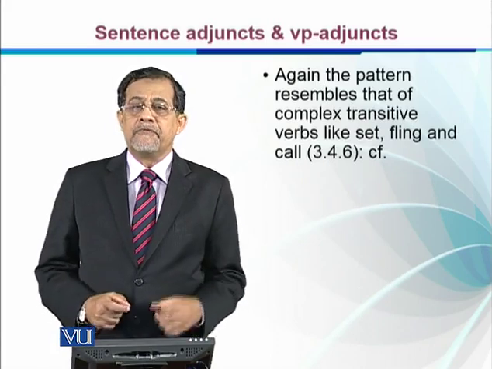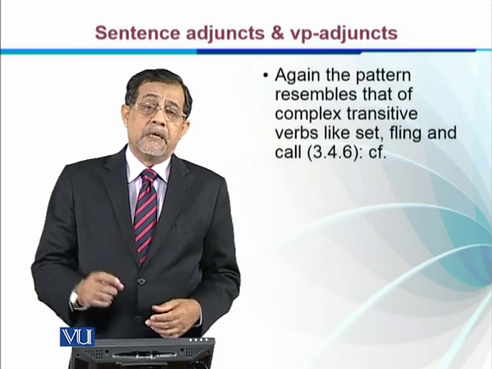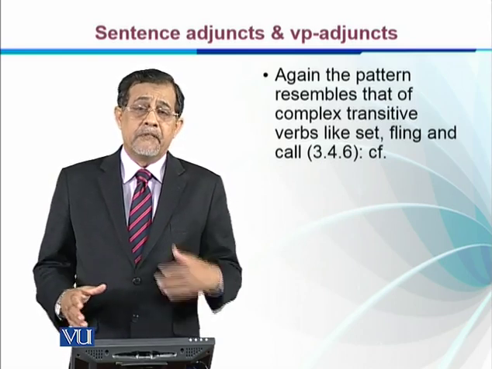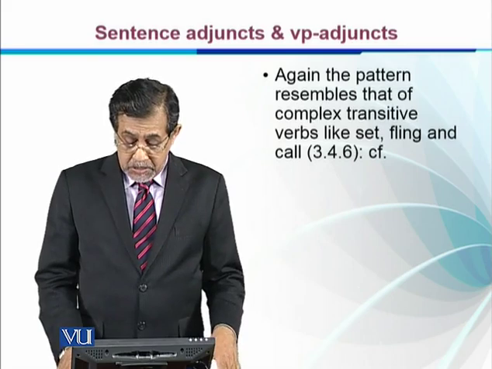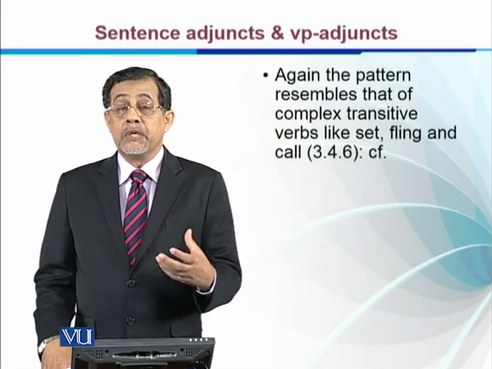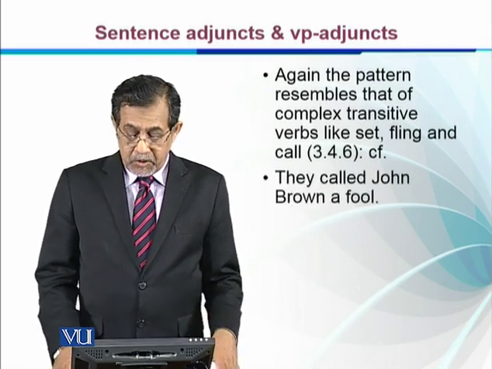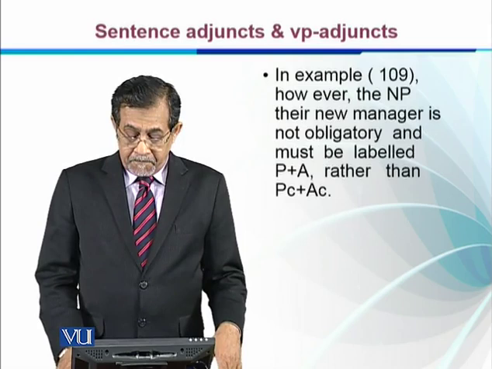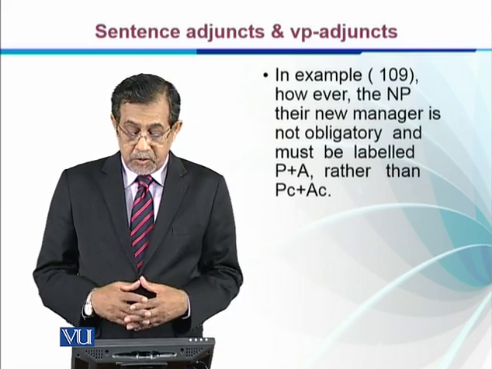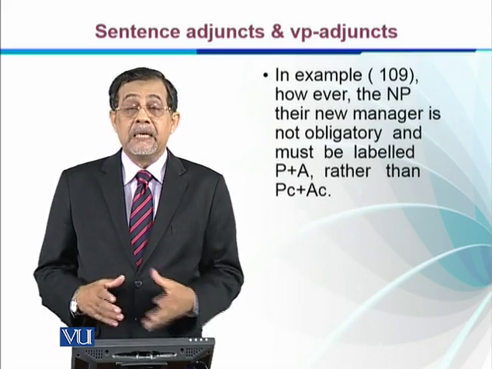So whenever you have to look at a sentence for its constituents which are obligatory, omissible, or not omissible, you have to look at the verb and its patterns, how they are used. A good dictionary does help a lot in this regard because it can tell you how you can use a verb and how you cannot use a verb. So, "They called John Brown a fool," right? In this example, however, the NP "their new manager" is not obligatory and must be labeled PA rather than PC and AC.